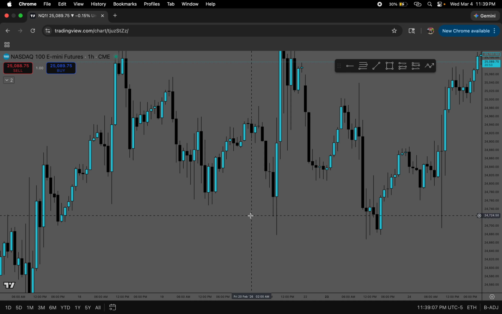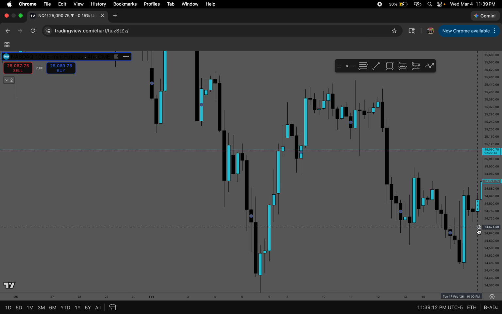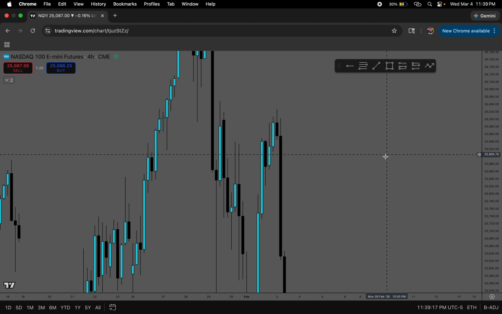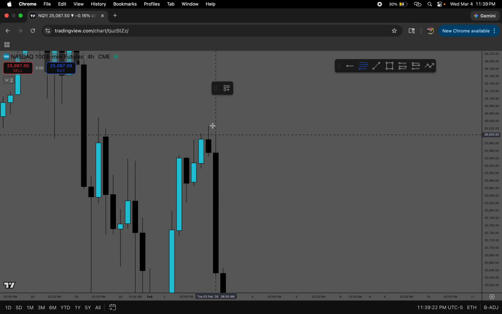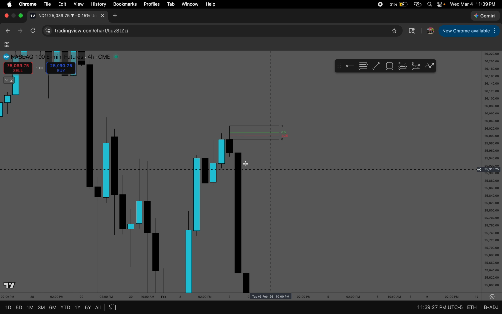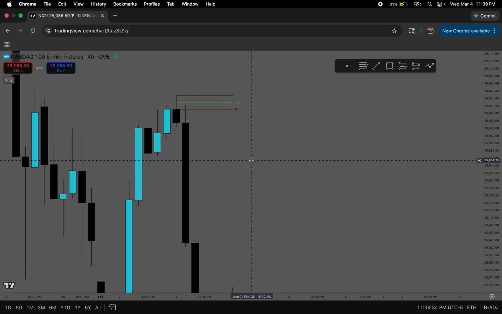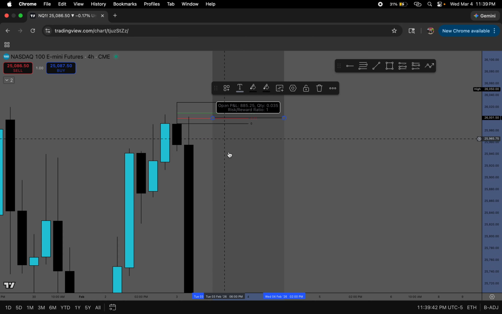The 4 hour sweeps out this liquidity, closes bearish on the 4 hour, and this is what I mean. You see, you have a small wick. You could have gotten away with entering on that.